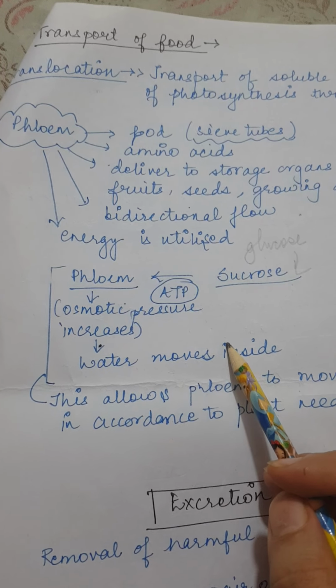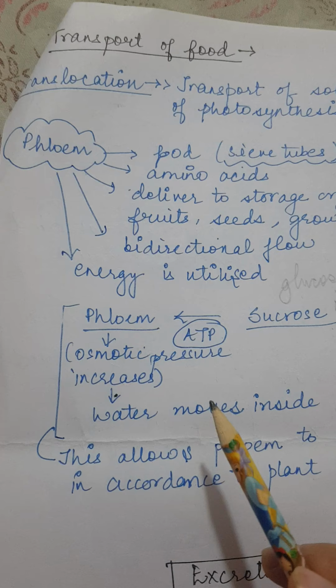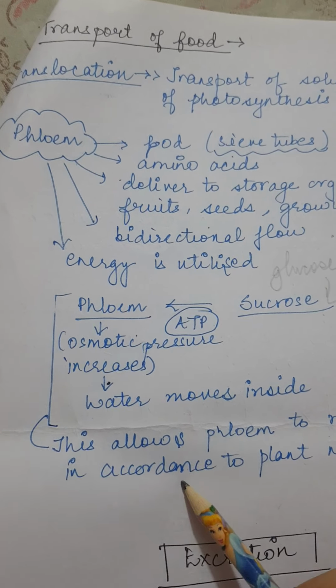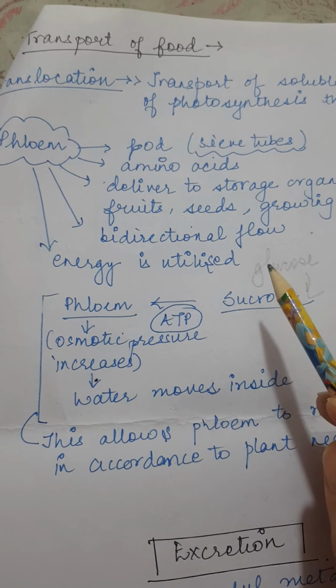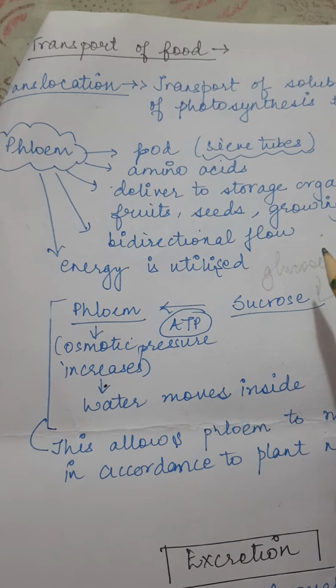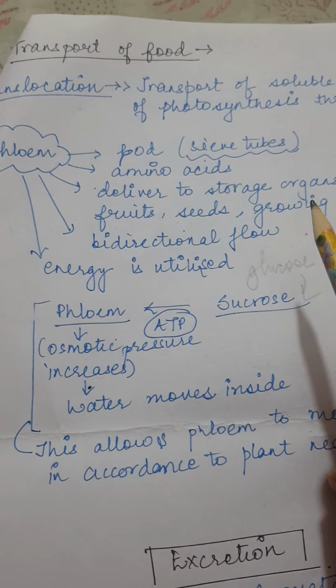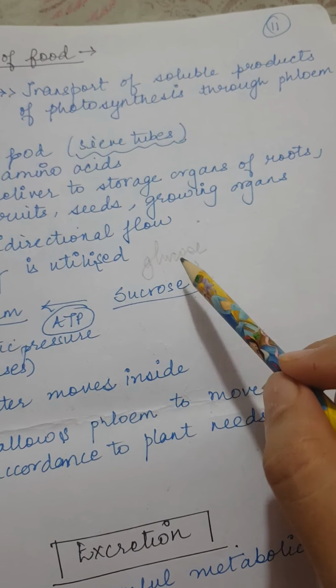Now, the main important thing, the take home message, is that in xylem the flow is unidirectional, meaning from roots to the upper extremities. And in case of phloem, the direction is two ways, meaning it is bidirectional: from the leaves to the upper parts of the body, plus from the leaves to the fruits, roots and growing regions.